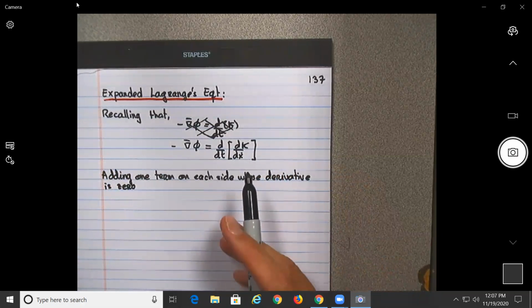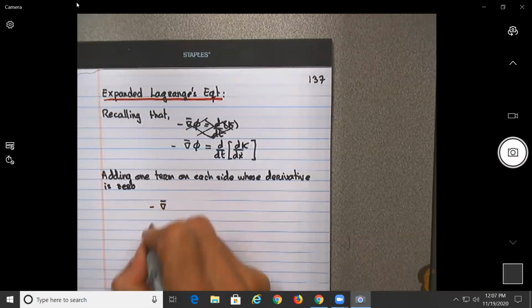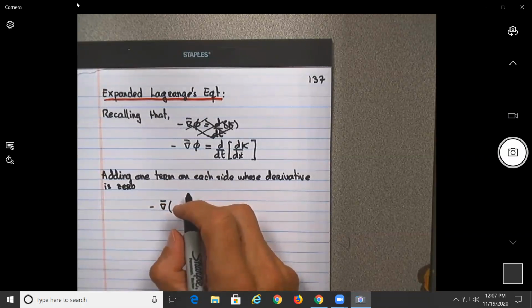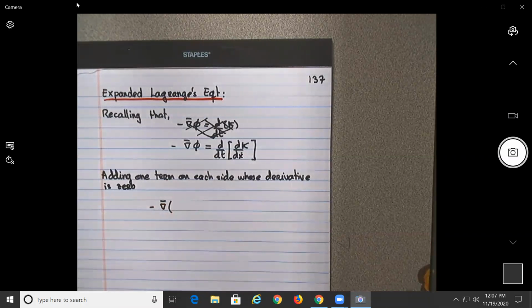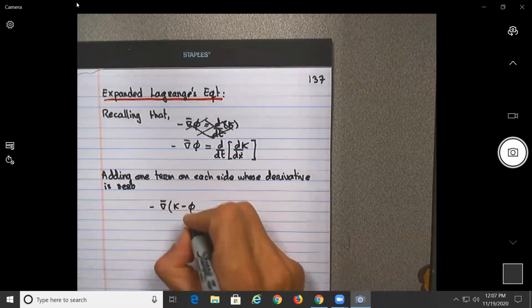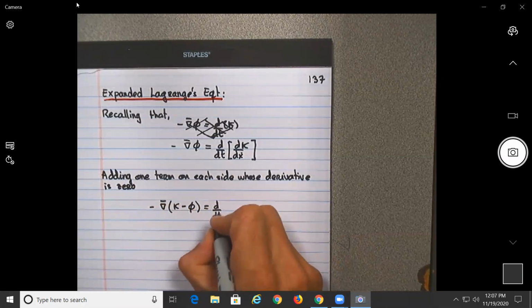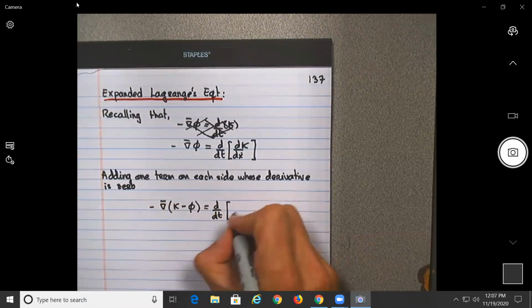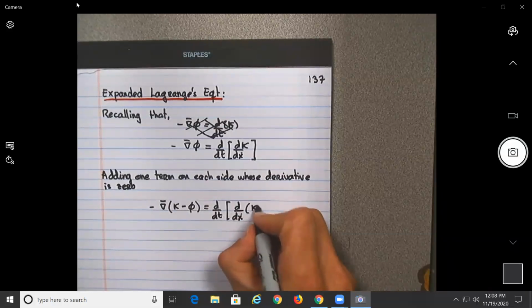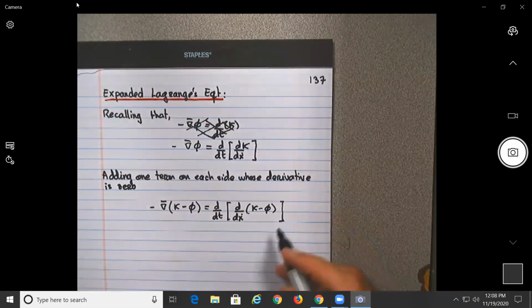So here we have minus del of k minus phi equal to d/dt d/dx dot of k minus phi. Basically it's the same, now just a constant.